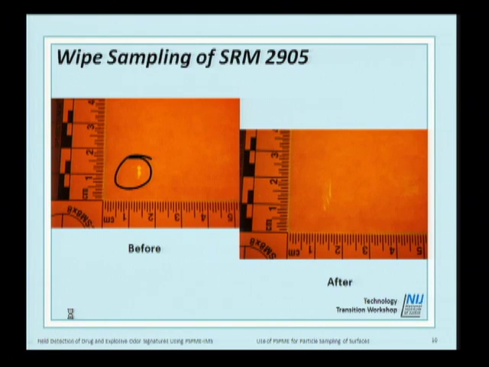So what if we take a little drop of these particles and put it onto a surface? It's going to look something like this. These particles are microscopic, but you can see a bunch of them agglomerated together. If you disturb that drop with your finger, you're going to distribute it on a surface.